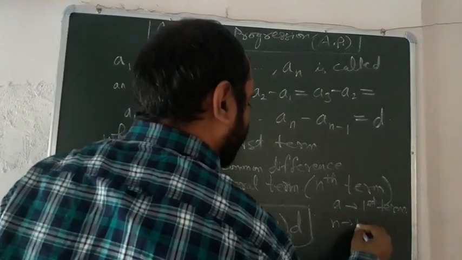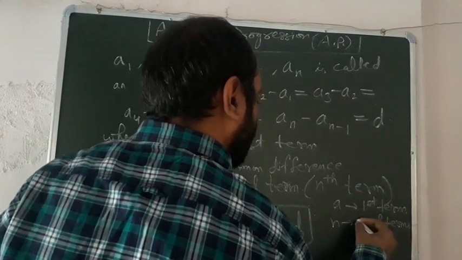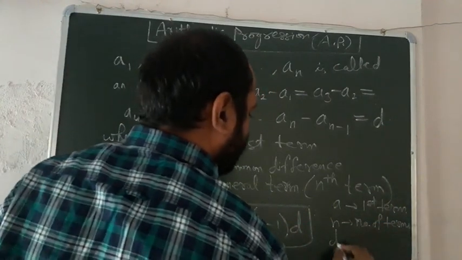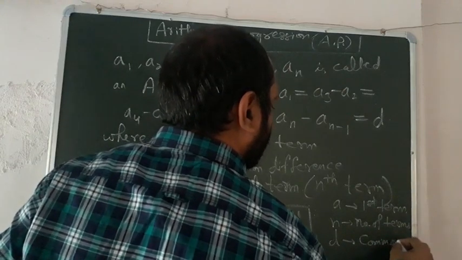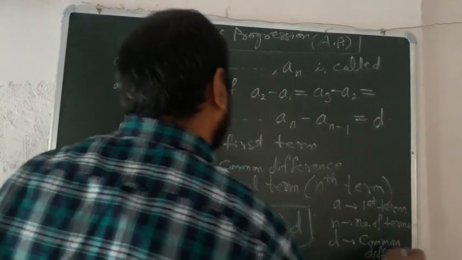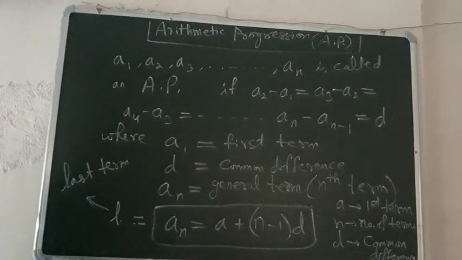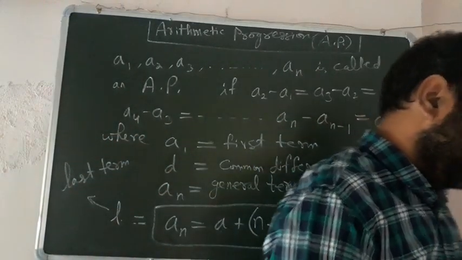N is the number of terms, the total number of terms, and D is the common difference. So this is all about the topic arithmetic progression.